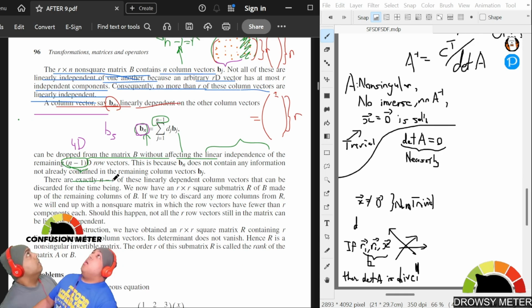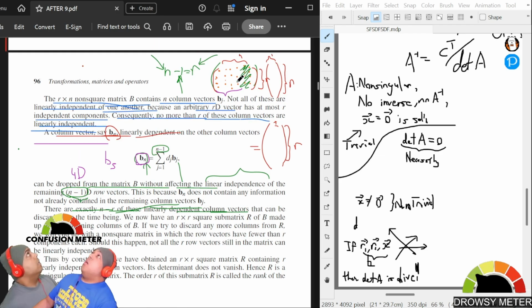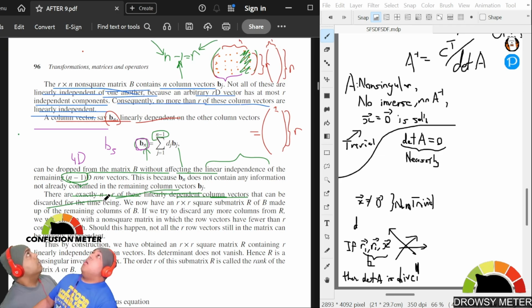There are exactly n minus r of these linearly dependent column vectors. That can be discarded for the time being. We now have an r by r submatrix R made up of the remaining guys.